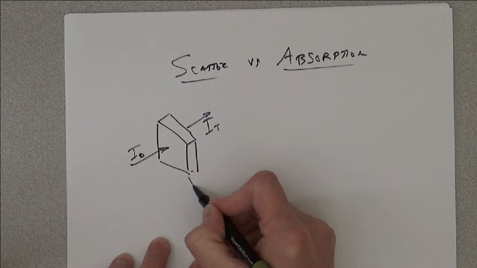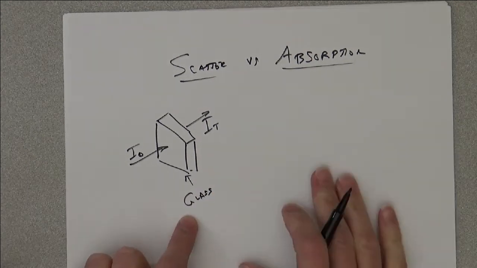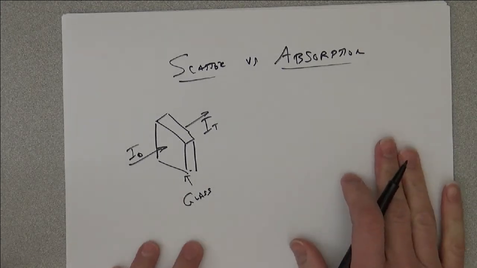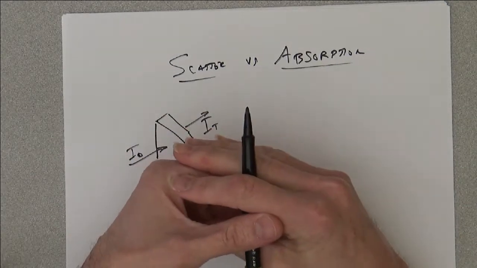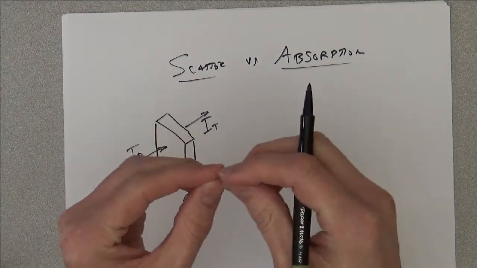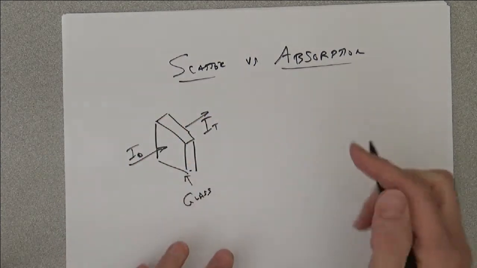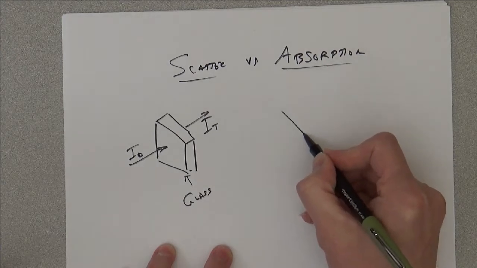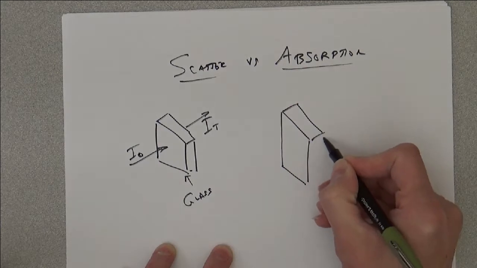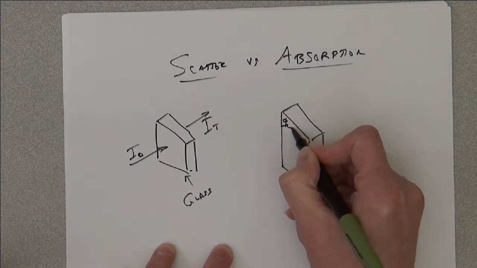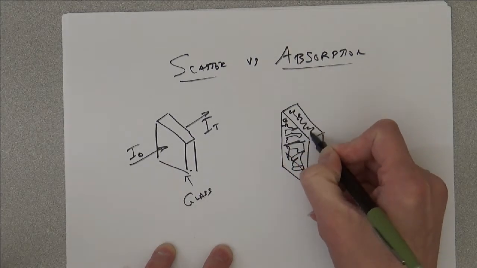So imagine this is, say, just plain window glass. One other thing you could do is take window glass and grind it up into a fine powder and then press it back together and heat it up slightly so that those particles reattach. They basically will kind of melt together slightly. This is called sintering. And if you do that, the final product will not be optically transparent, but instead it's going to have a typically white surface.